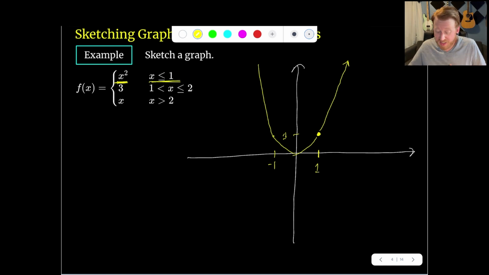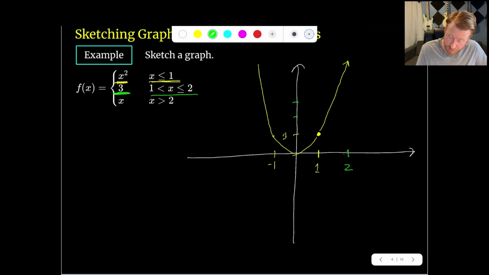Now, past positive 1, we're going to have to come back and erase some part of our graph here because it is defined differently depending on which part of the domain that we're in. So if we're looking at this next subdomain here from positive 1 to 2, so here's 2, what this is saying is that all of the outputs will be 3 no matter what. So let me make my spacing a little bit better.